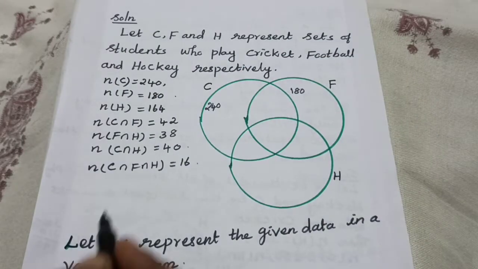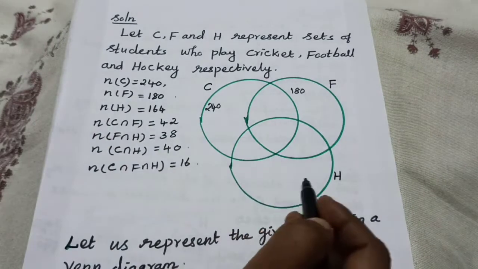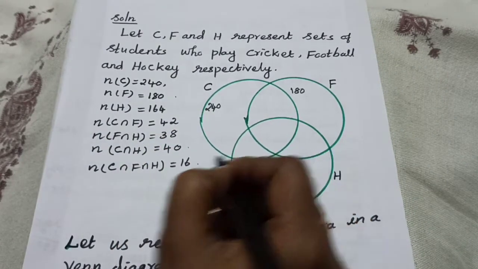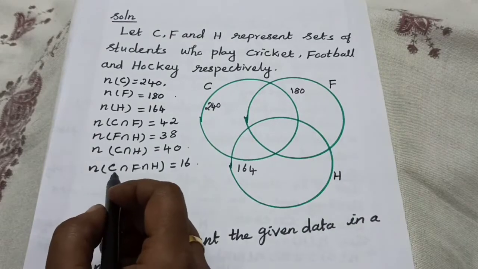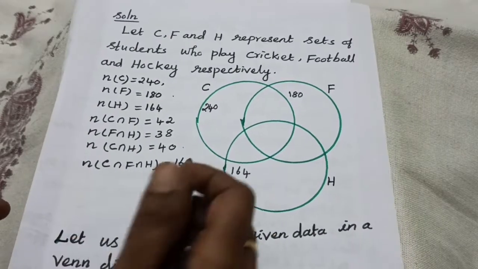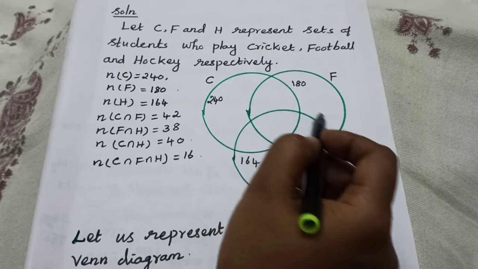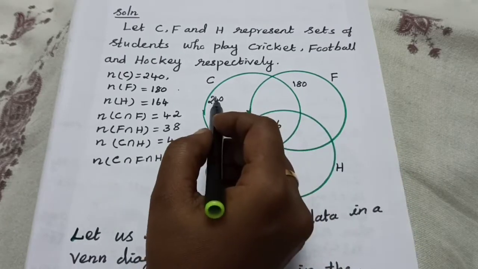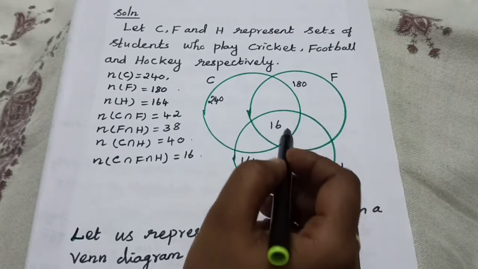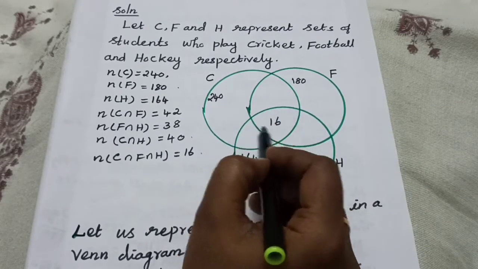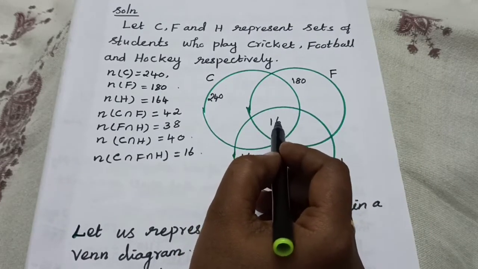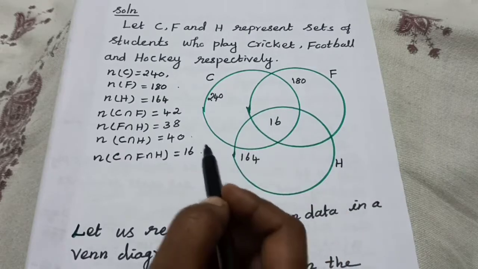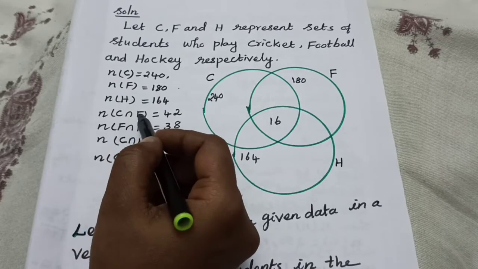Then N of H is 164. And then all the three, 16, so this area will be 16. Cricket, football and hockey: 16 of them play all three.